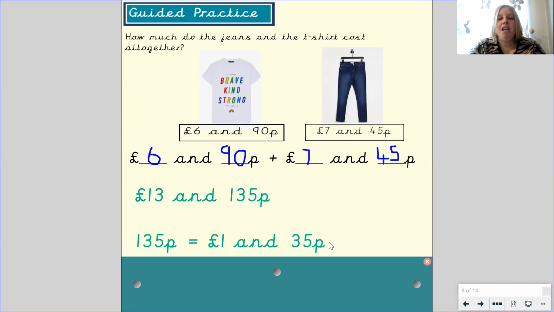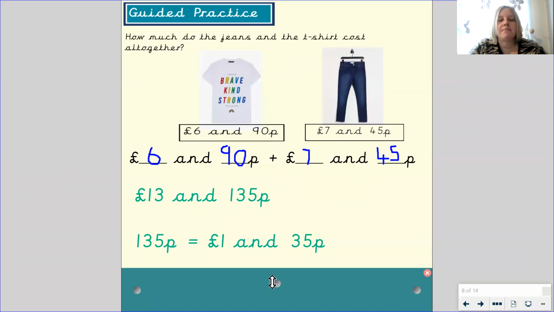Now, our final step is to find the total amount. So we need to add our pounds and then our pence. Can you add the pounds and the pence for me to find the total amount? Pause the video and have a go at doing this.